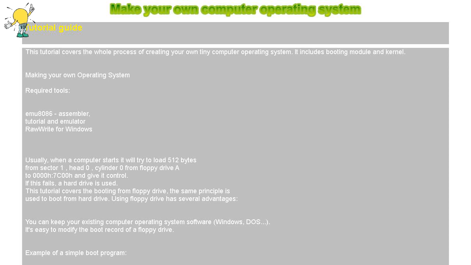The sector at cylinder 0, sector 1, head 0 is the boot sector. A typical floppy drive structure: a floppy disk has two sides, and there are two heads, 0 and 1, one for each side.